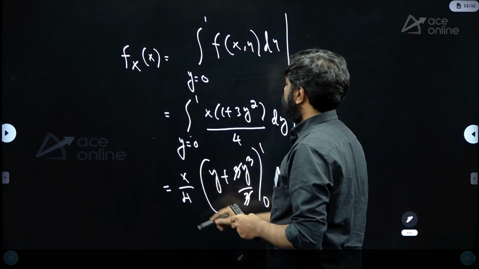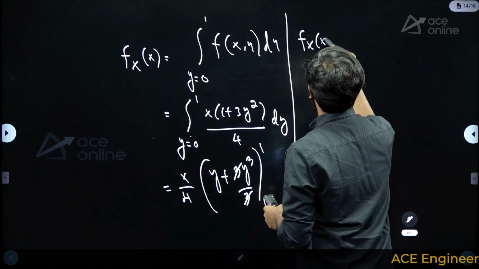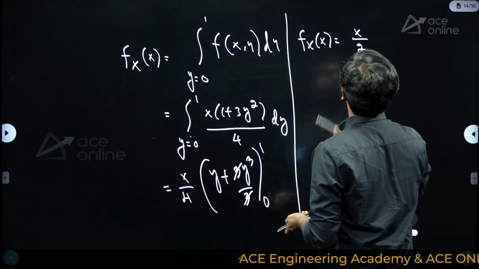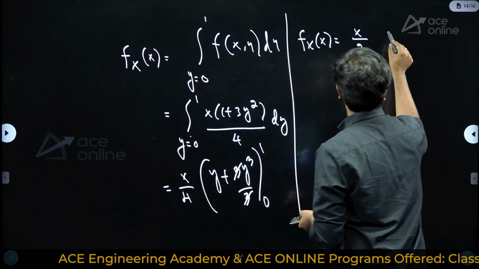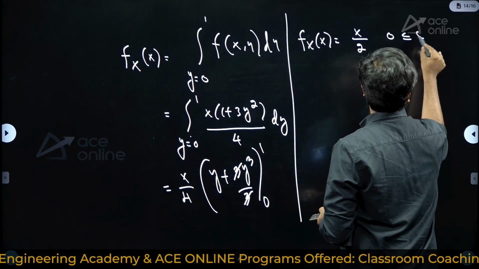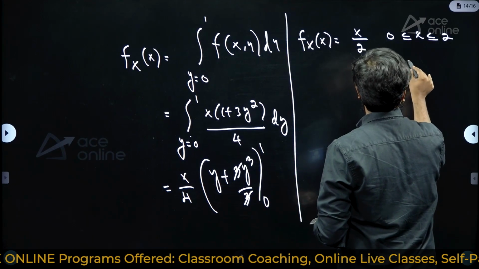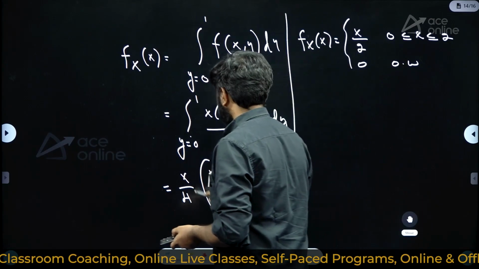So 2x by 4 is x by 2. So finally I have the marginal density function of x, which is x by 2. But this is valid only in the interval 0 to 2. So let's write it like this: 0 less than or equal to x less than or equal to 2, and it is 0 otherwise. So I got the marginal density function.